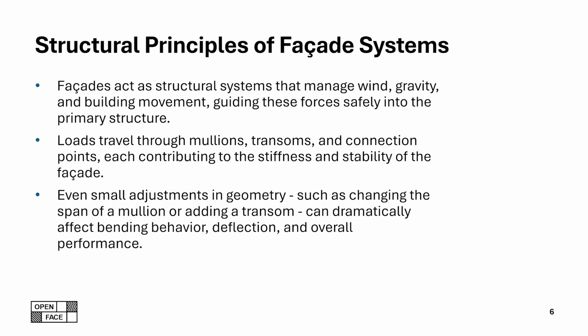At this stage of the course, the focus is on understanding facades not just as architectural surfaces, but as systems that have to deal with wind, gravity, and building movement. In this module, we look into these forces that travel through mullions, transoms, and their connections, and how the geometry of the grid, for example, influences stiffness and overall performance. This foundation will help you make sense of the examples that we show you.